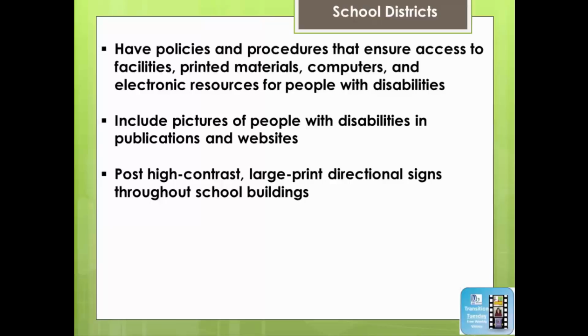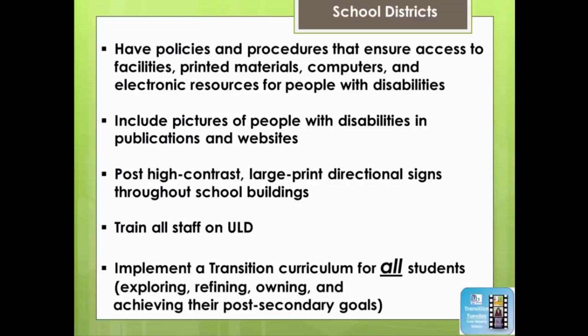Post high contrast, large print, directional signs throughout school buildings. Train all staff on UDL. And implement a transition curriculum for all students that includes exploring, refining, owning, and achieving the students' post-secondary goals.